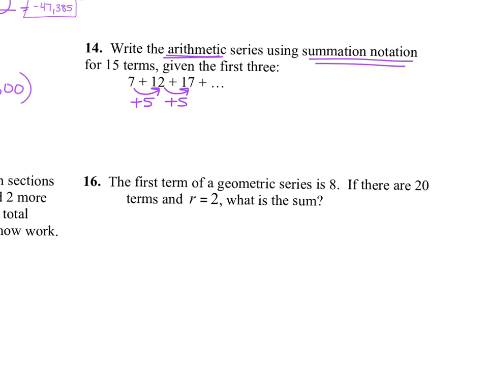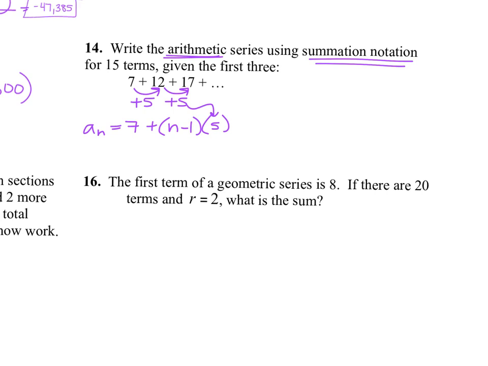And then if you think about what this arithmetic formula would be, we have our a sub n equals the first term, that's 7, plus our n minus 1 times the common difference, which is the 5.